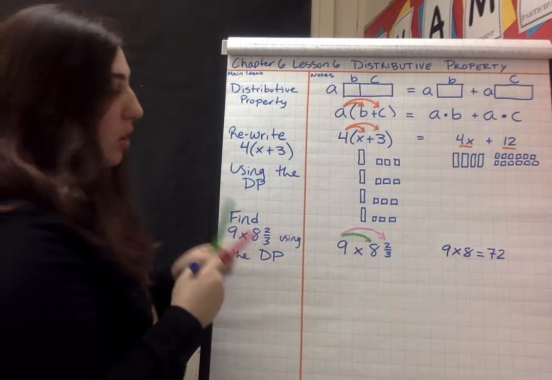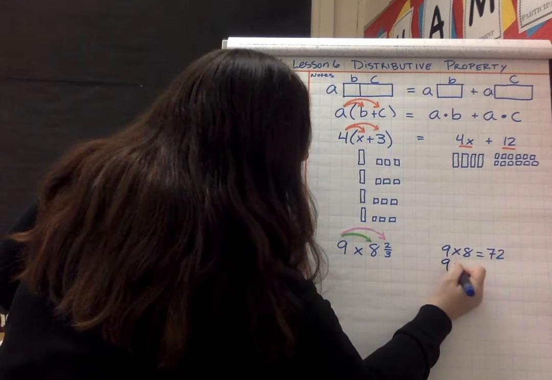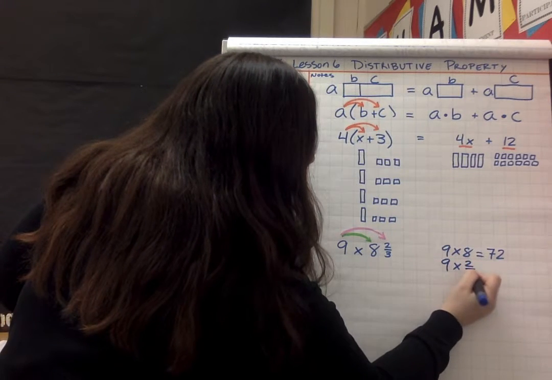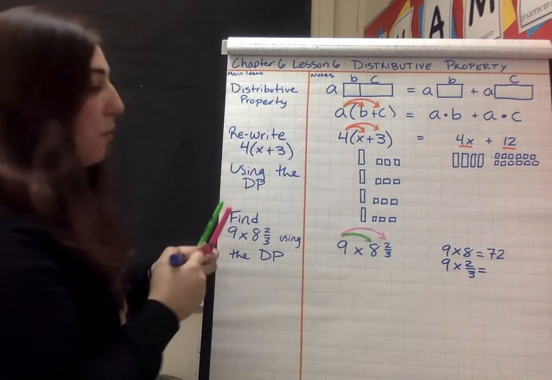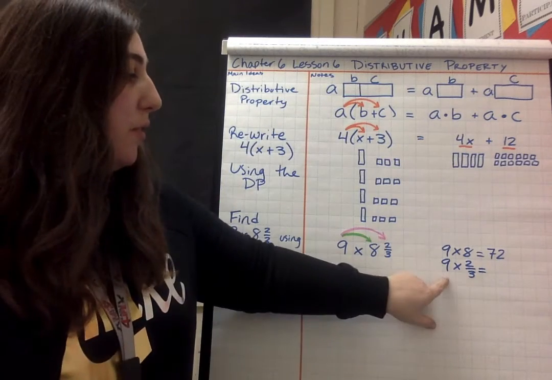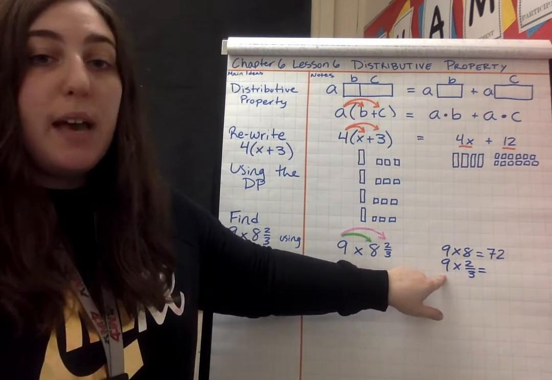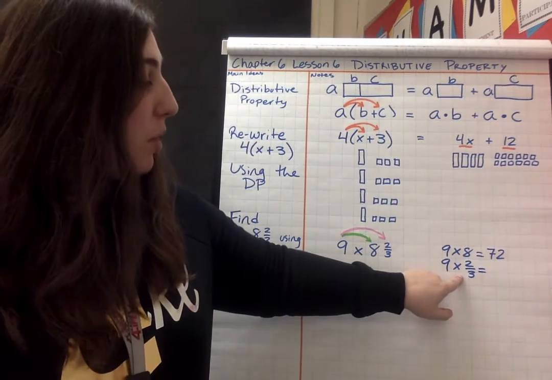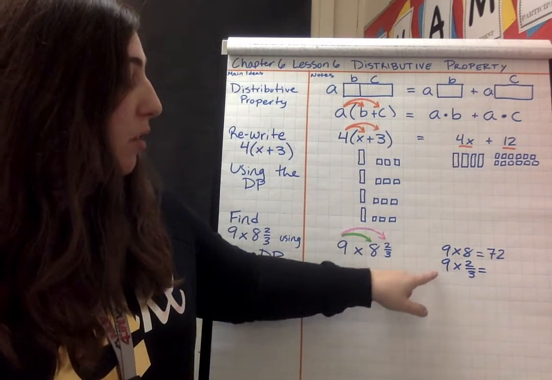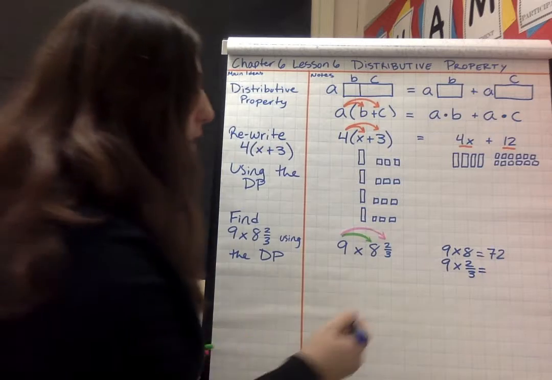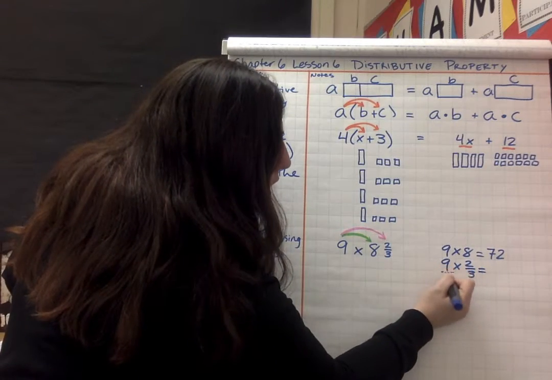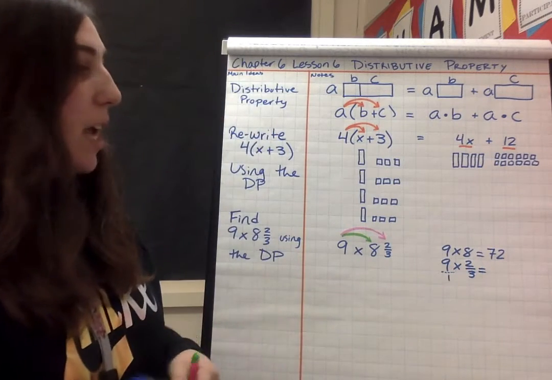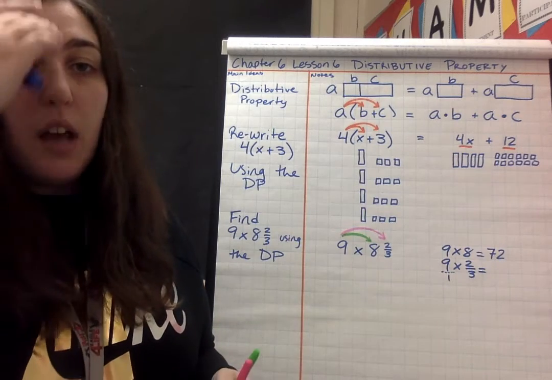So then I'm going to multiply 9 times 2/3. Okay, and we remember how to do this from a few lessons back, a few chapters back actually, multiplying a whole number with a fraction. Okay, so we can imagine that there is a 1 in the denominator. Okay, every whole number has a 1 as its denominator.